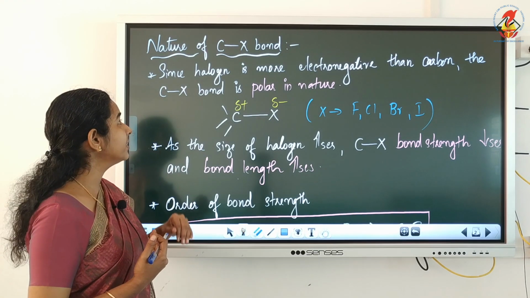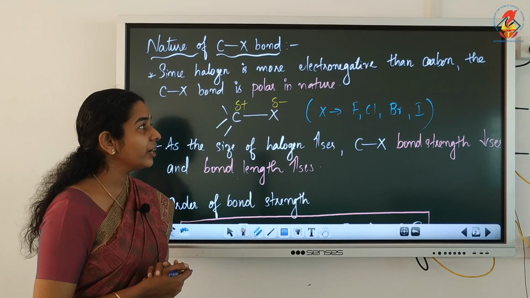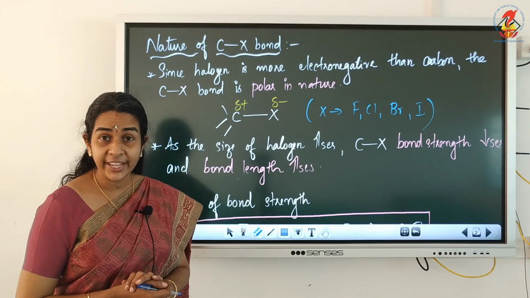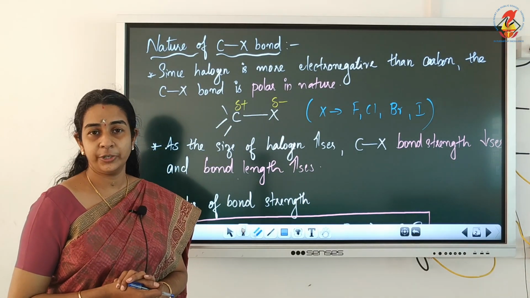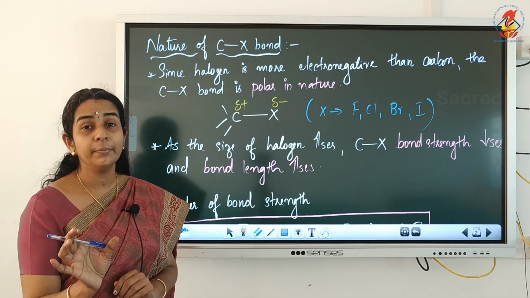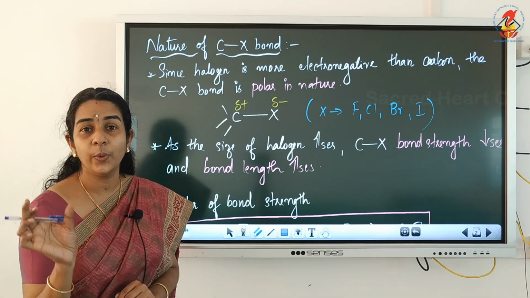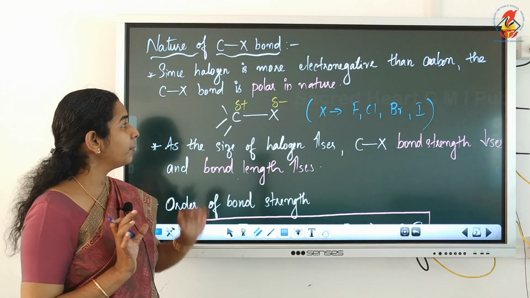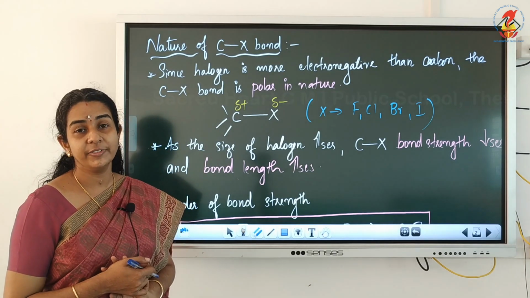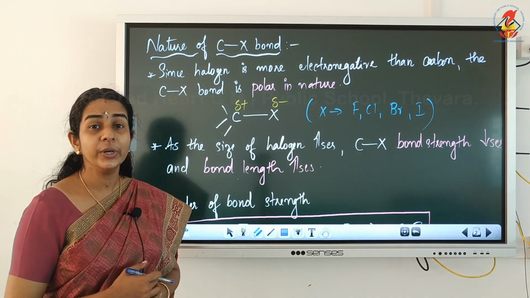So what happens? Since halogen is more electronegative than carbon, the C-X bond is always polar in nature. Whenever there is a difference in electronegativity, the covalent bond becomes a polar covalent bond. So the very important point: the C-X bond is polar due to the high electronegativity of halogen compared to carbon.